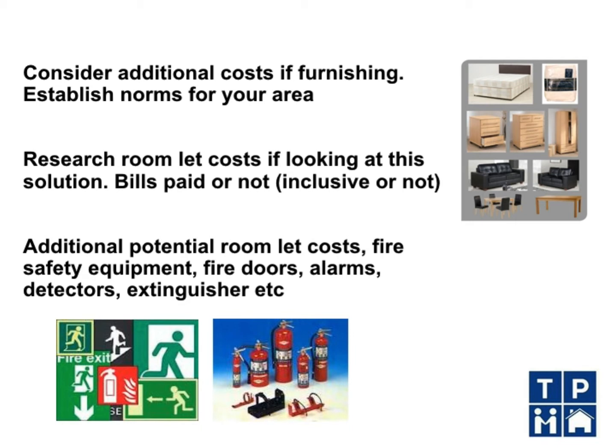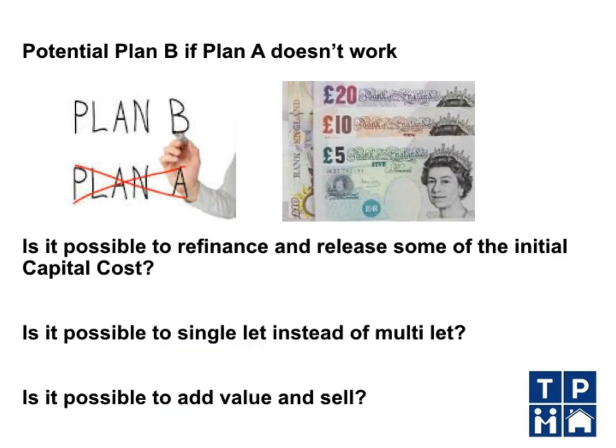I would only present one, certainly at the outset, but I would ask you to consider what is your exit strategy? What's your plan B? If plan A doesn't work, what's your plan B?